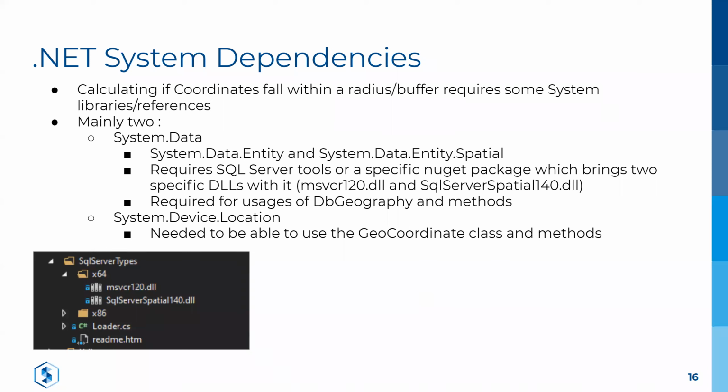So finally, some of the things we'll need in the backend are some .NET system dependencies. Since we're actually going to have to calculate, hey, is this member coordinate inside of this geographic area? Ideally, we don't code in some crazy complex SQL trigonometry calls.